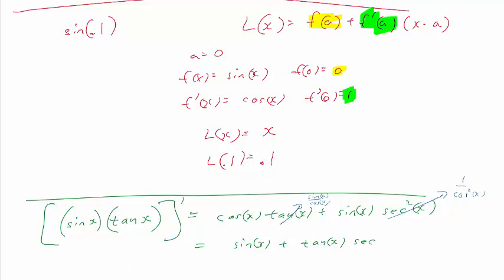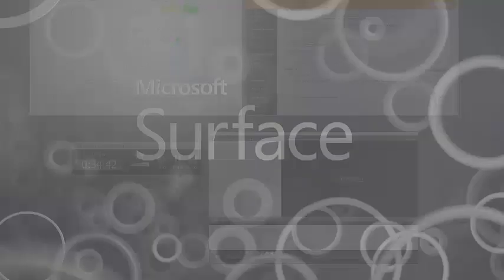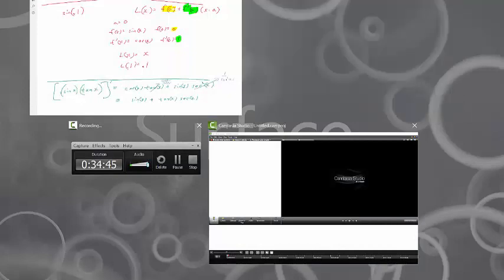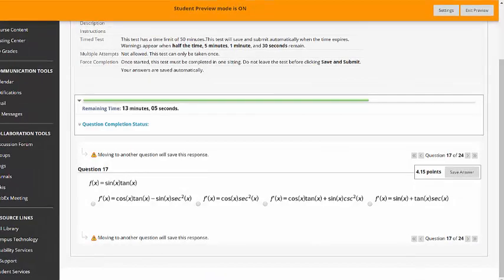So sine x plus tan x secant x. Let's check our options here. There it is, right there. Last one is the choice. So in this one you had to play around with the trig just a little bit to get to the right answer, but it was not impossible to do. So let's go ahead and move forward.